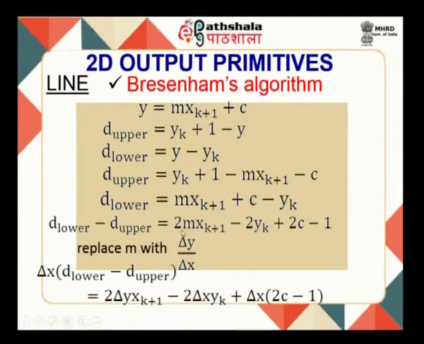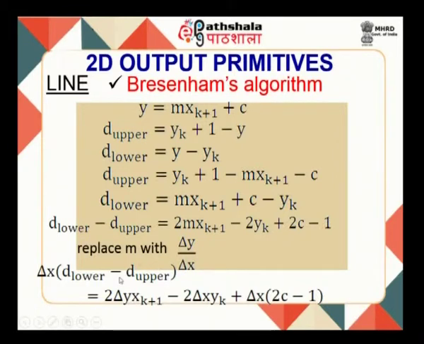So, Bresenham was clever enough in avoiding this division by substituting for m delta y by delta x and taking this delta x on this side, cross multiplying delta x on either side, so that the division is altogether avoided.